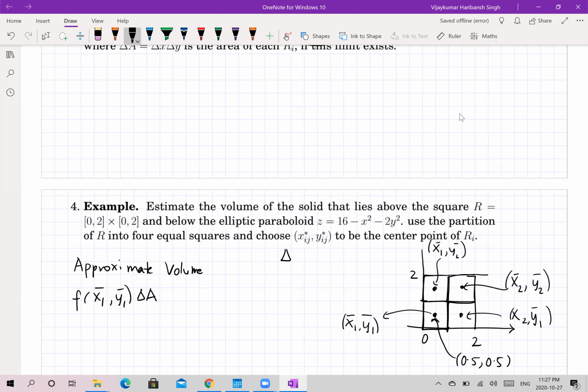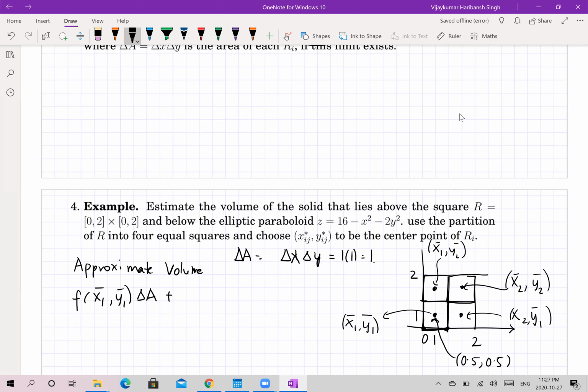And what is my delta A? What is the area of each of these? This is 1, this is 1. So delta x times delta y is 1 times 1, which is 1.